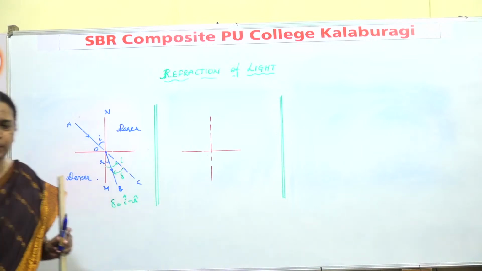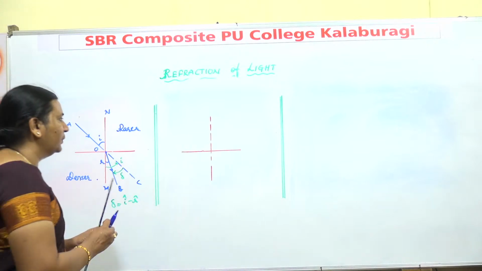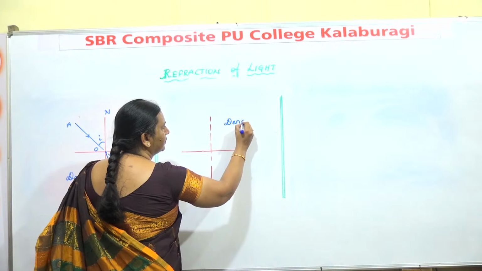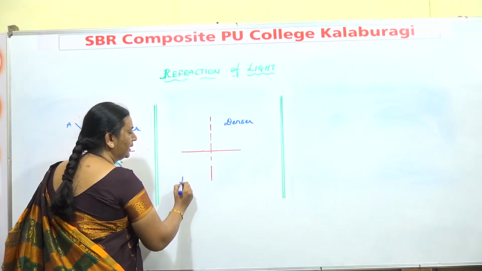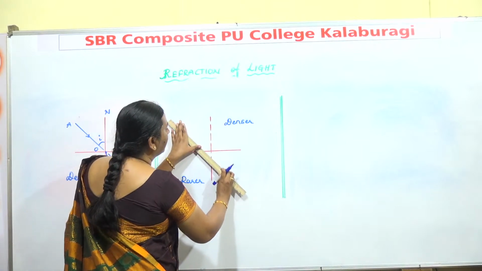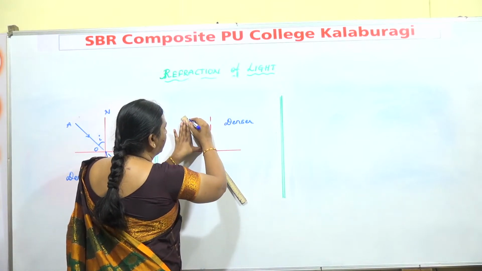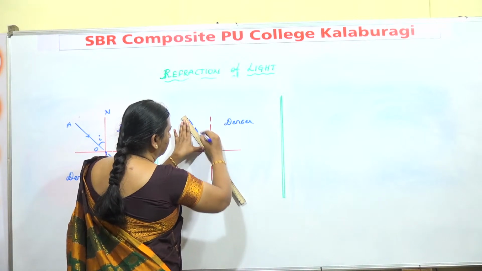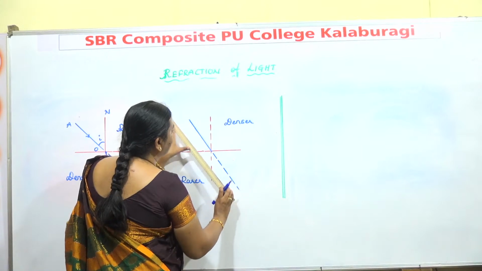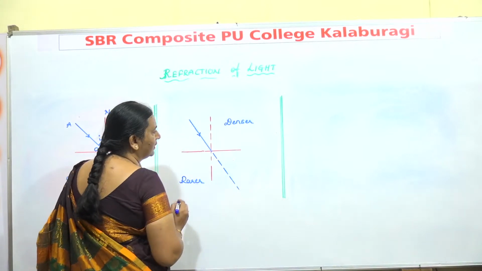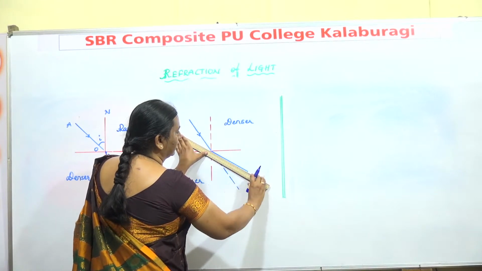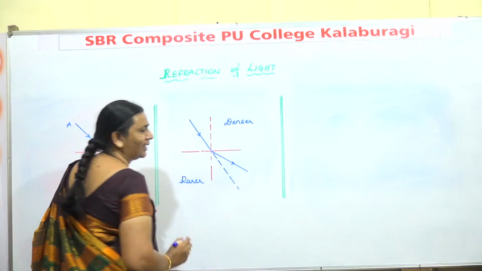Now similarly, if it travels from denser to rarer medium, then what happens? The light will go away from its path, away from the normal. The light would have continued like this, but instead it goes away from the normal, like this. This becomes your actual direction.